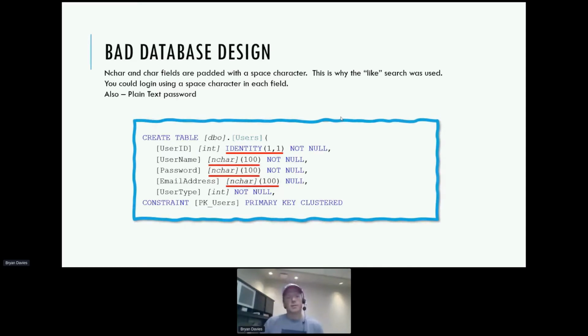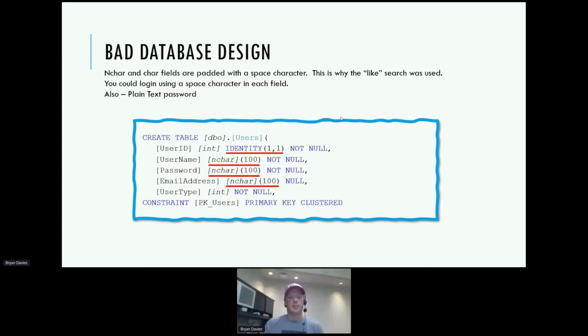And the reason I want to really point out the database design is because quite often developers inherit a database design and you're stuck working around it. And quite often developers are afraid to change a database design. But if you see stuff like this, like a char field with 100 storing your username, password, you have to fix this. It's probably low impact.